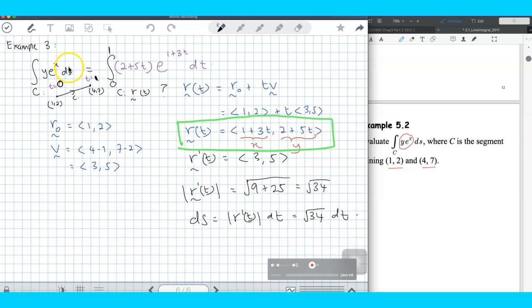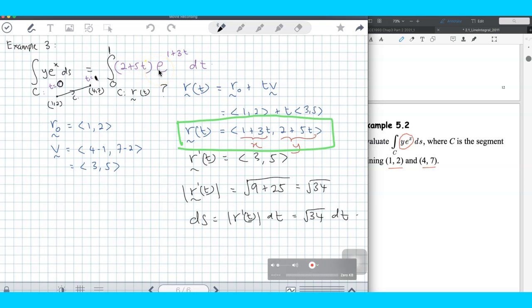Now you can see that the line integral transforms into a regular definite integral in terms of t. In your integrand, you have the combination of the polynomial and the exponential function. So how can you integrate this?